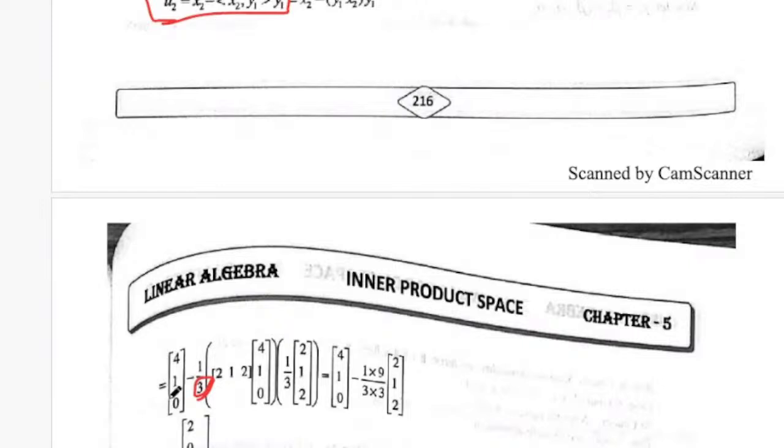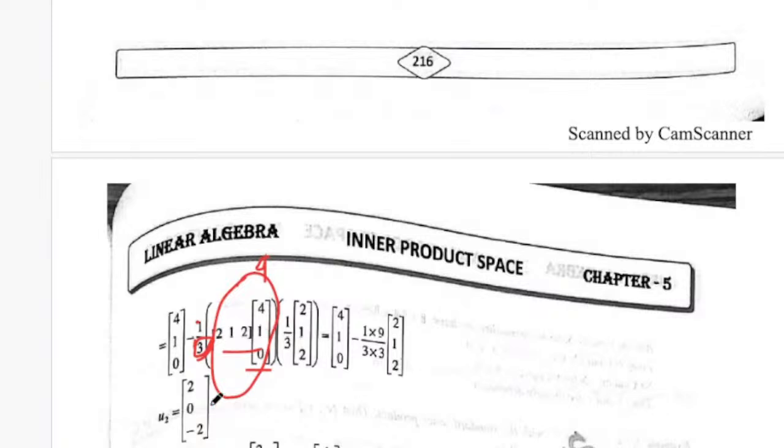Here x2 is (4, 1, 0) minus inner product of x2 comma y1, which is 1 by 3 into these two vectors. This value is nothing but 9, and y1 is 1 by 3 into (2, 1, 2). So 9 by 3 into 3, it will get cancelled. So (4, 1, 0) minus (2, 1, 2), which is nothing but (2, 0, minus 2).